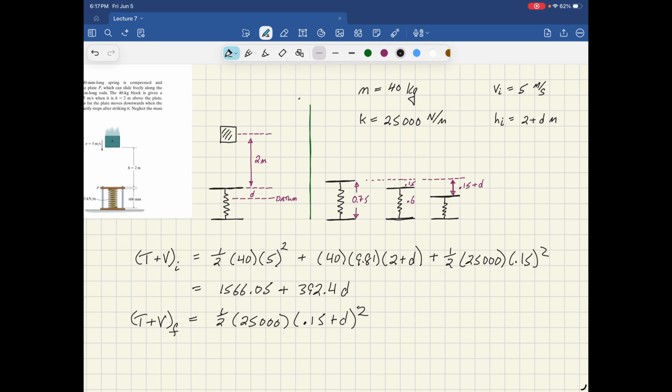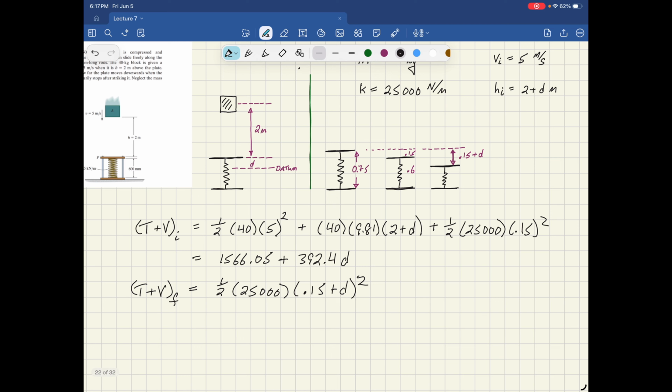So if I write this thing out, we evaluate that binomial, and we're going to end up with a quadratic. So it's going to be equal to, you can double check my work, 281.25 plus 3,750 D plus 12,500 D squared.